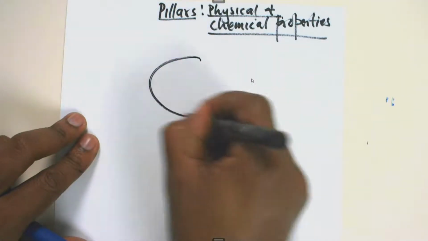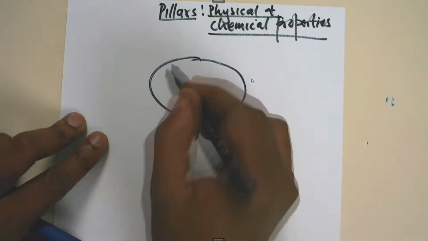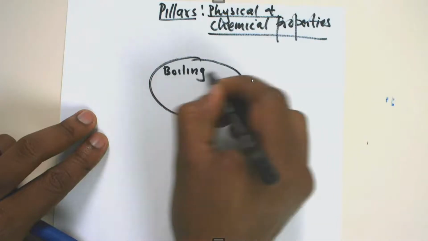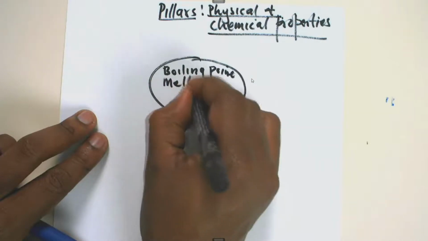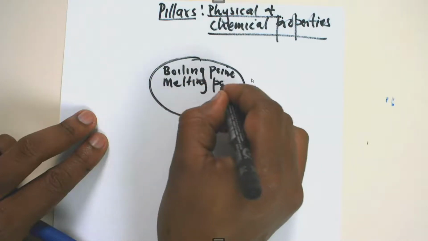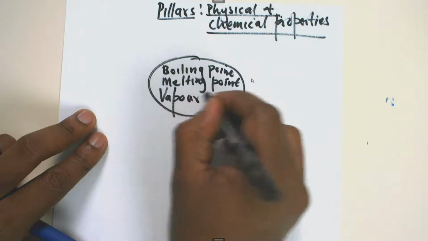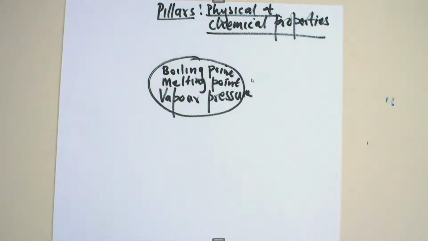I have the properties, which are physical and chemical properties, but the most important ones are boiling point, melting point, and vapor pressure.